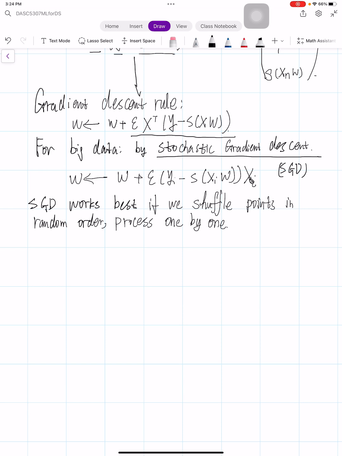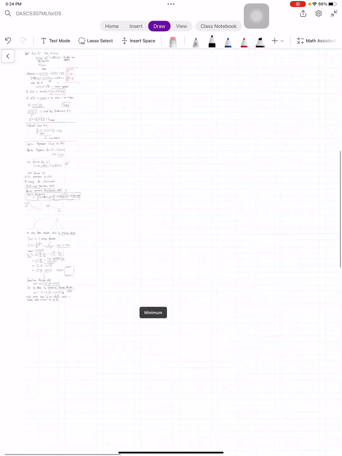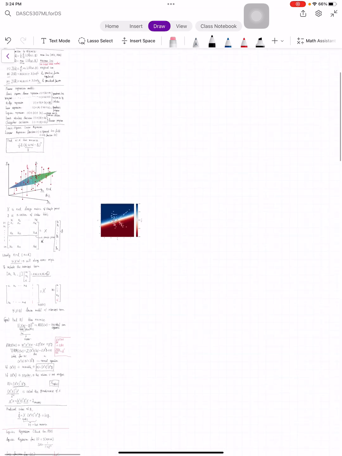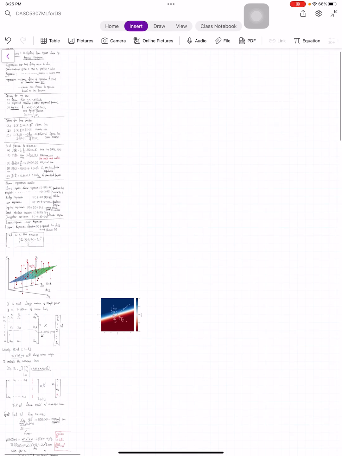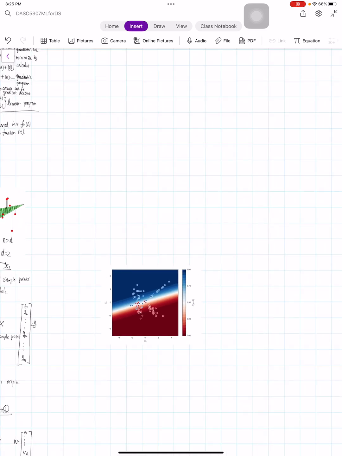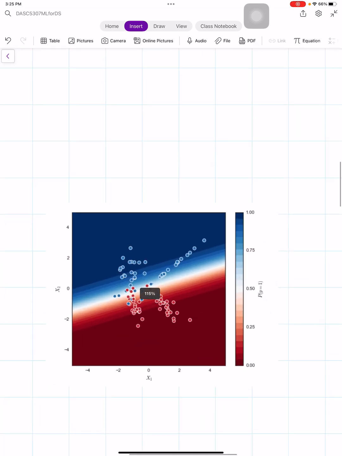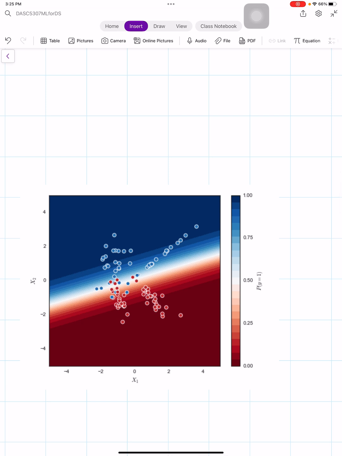And for a big sample size, sometimes it even converges before we visit all the points. Here, I just give you one example. For example, we have a classification with a red label and a blue label.